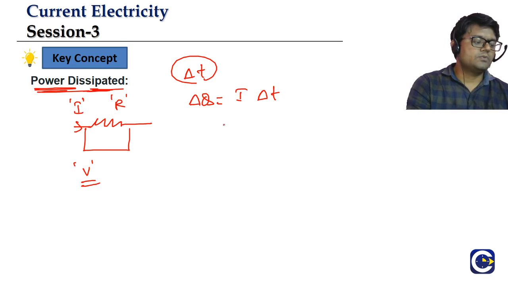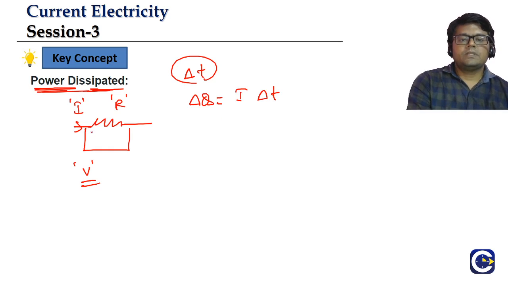Now, let us look at the work done in moving this charge. The charge is moved through a potential difference of V, so work done will be equal to delta Q into V, which is I delta t into V. This work is done by the battery or the cell which is driving the current.